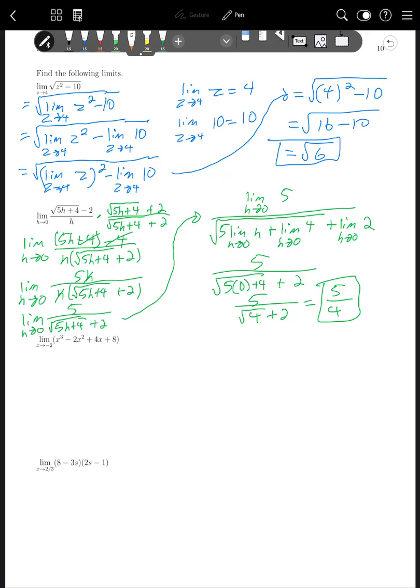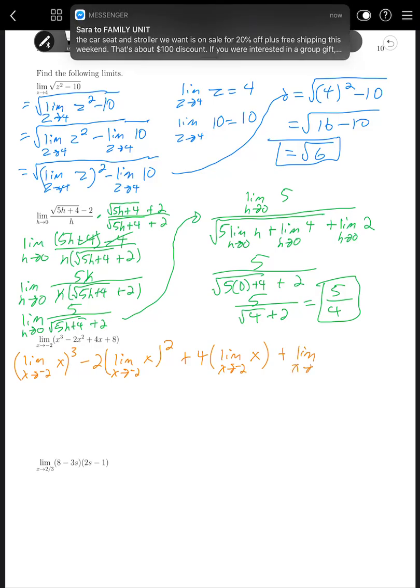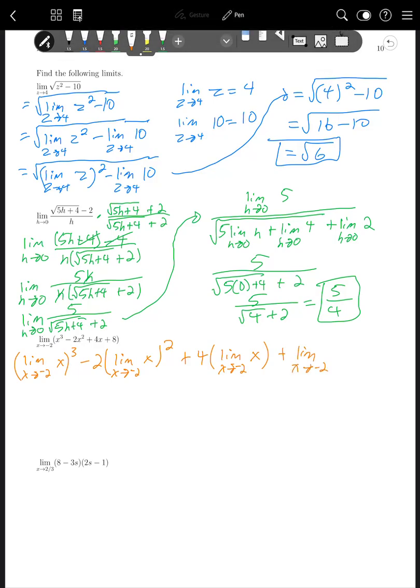So this will be the limit as x approaches -2 of x cubed minus 2 times the limit as x approaches -2 of x squared plus 4 times the limit as x approaches -2 of x plus the limit as x approaches -2 of 8.